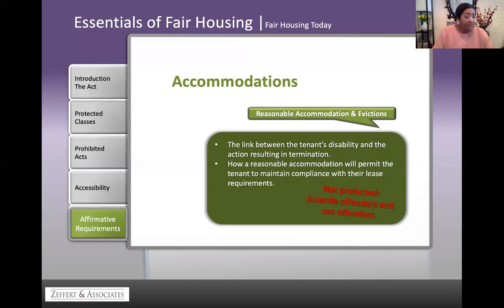Her housing provider issued her an eviction notice due to the disruption. Now the tenant sought treatment and began taking medication which addressed the behavior. The tenant requested a reasonable accommodation, stating that the behavior that resulted in the eviction was due to her disability, which had been mitigated by taking medication to address the issue that caused the behavior.